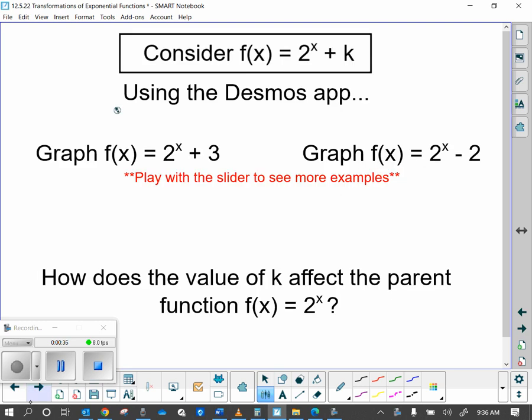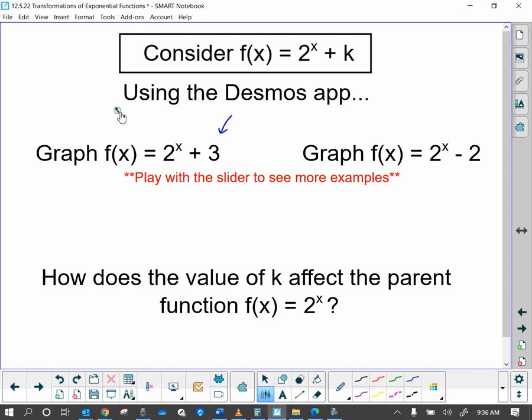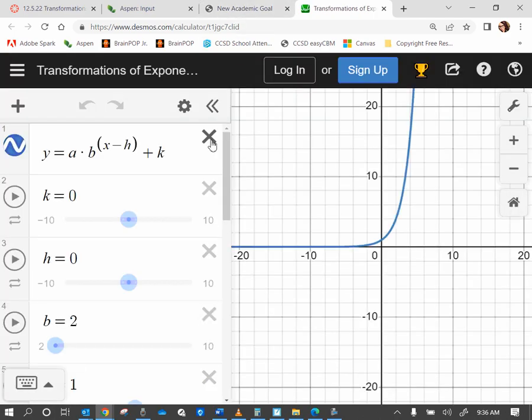Okay, so if we play around with Desmos and we add or subtract a number at the end of the graph, like on this one, I'm adding 3. So let's see how that changes the graph. We're going to look at the Desmos graphing calculator. Okay, so this is our k value.